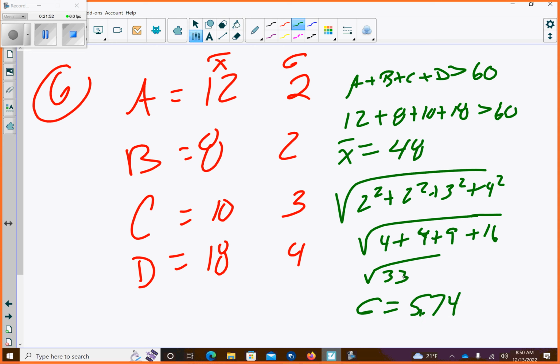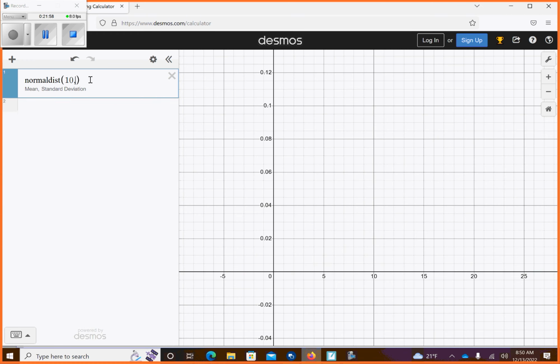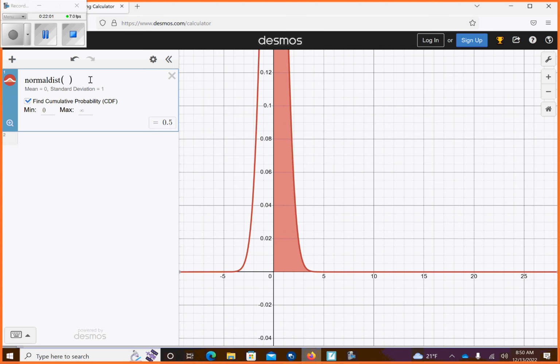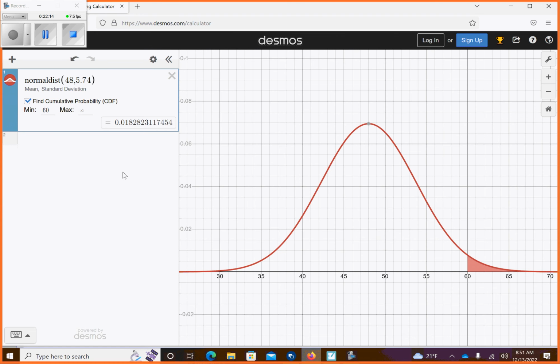All right, so 48 and 5.74. So we want 48, comma 5.74. And we want to know its probability that they will go longer than an hour. So we're talking about, move decimal 2 places to the right, so 1.83% chance that all of our tasks, if we did all of them, would take longer than an hour.